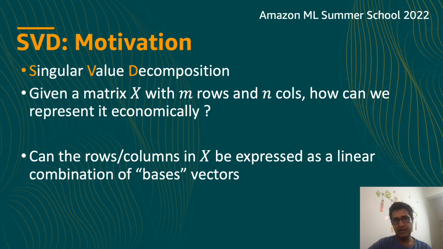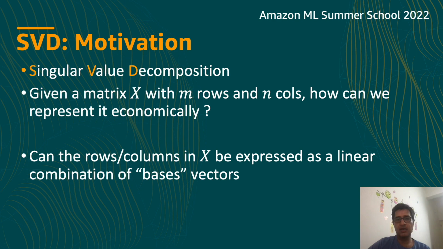Now this matrix X with m rows and n columns can originate from a variety of sources. It could be, for example, the link graph between various URLs. It could be the graph between various users at Amazon and various products at Amazon, and so on. Okay, so the question being asked is, can the rows and columns of X be expressed as a linear combination of certain basis vectors?